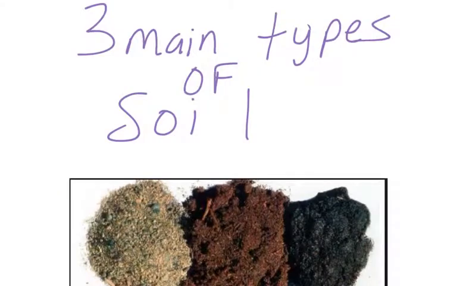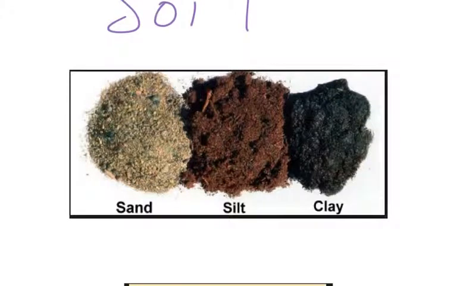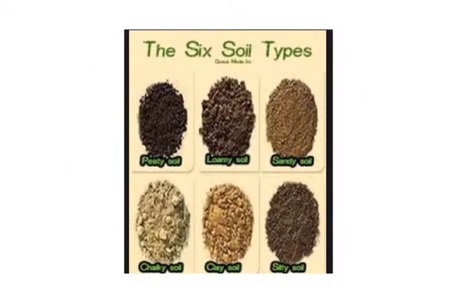Now, when we look at the three main types of soil, we're going to be looking at sand, silt, and clay. I know what you're saying. Do I have to draw a picture of this? Yes, you do, with perfect color. Those soil types can be further subdivided into smaller categories.